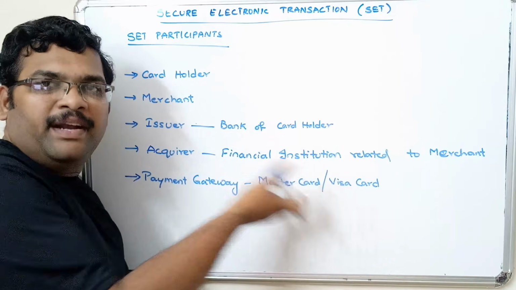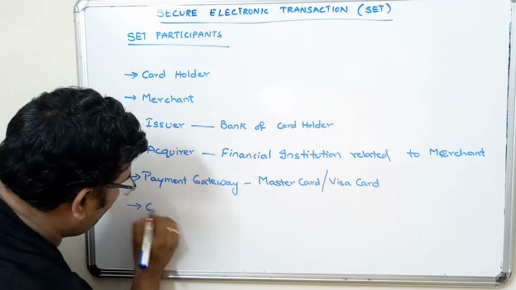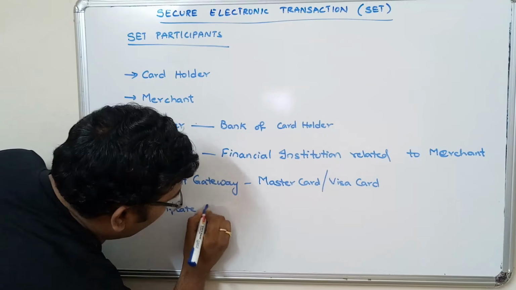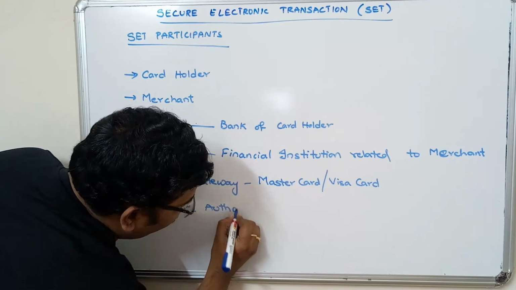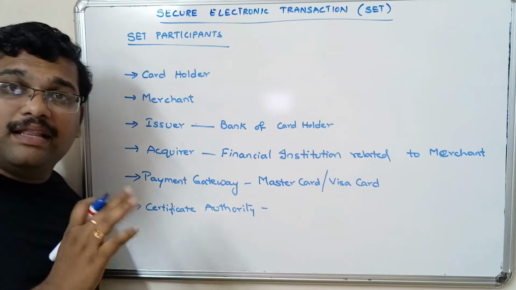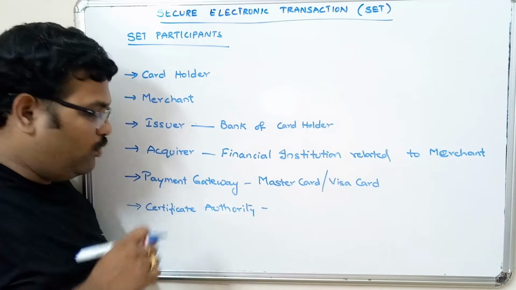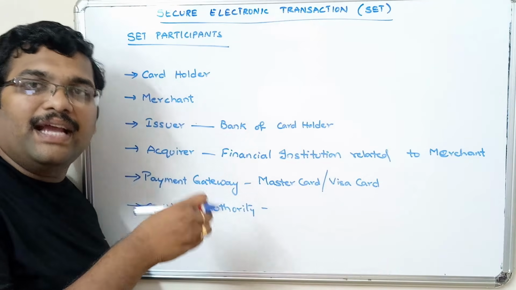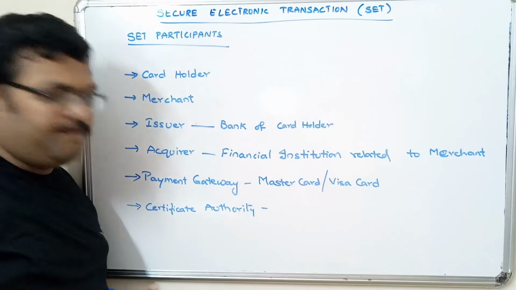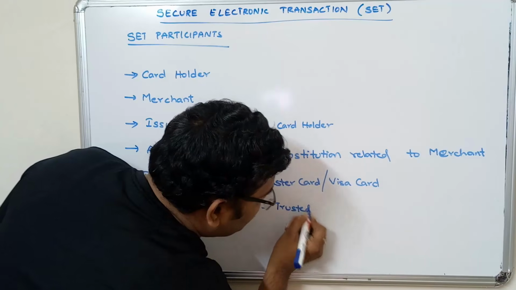These are two payment gateways. Next, certificate authority. The certificate authority is a trusted third party who will give the certificates to all the card holders as well as the merchants. It's a trusted third party.